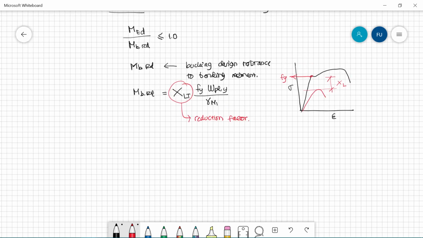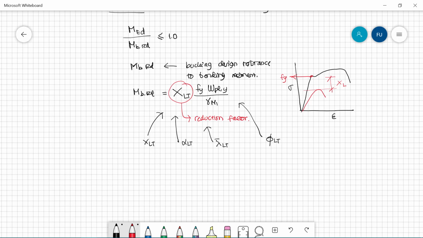So to calculate the reduction factors and the other factors affecting the buckling design resistance strength to bending moment, there is the CLT, and then the imperfection factor, and then the slenderness factor, and then the buckling factor.